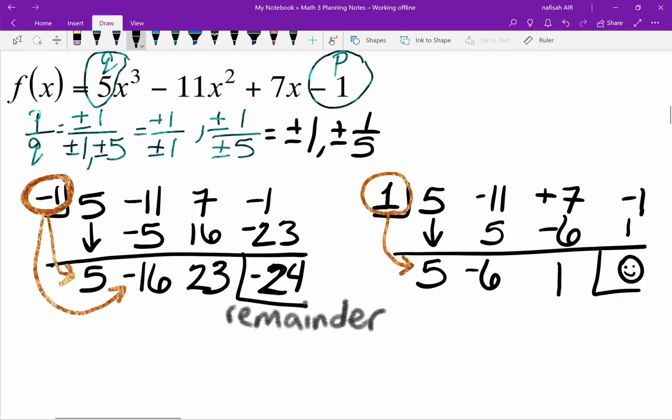Since I have a remainder of 0, I've found that 1 is a root. I'm excited.